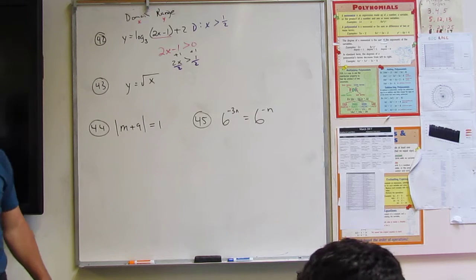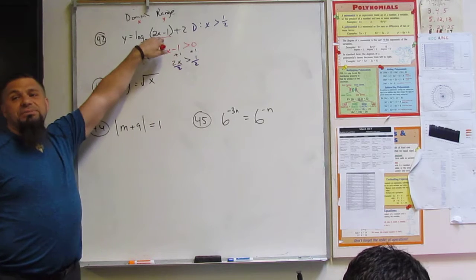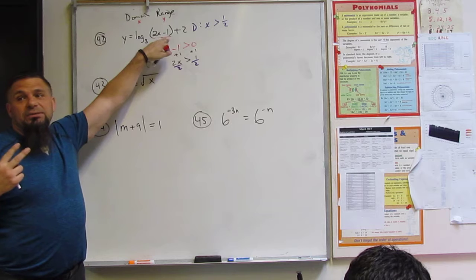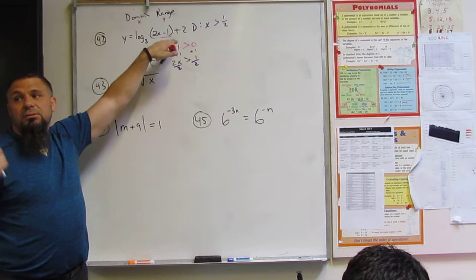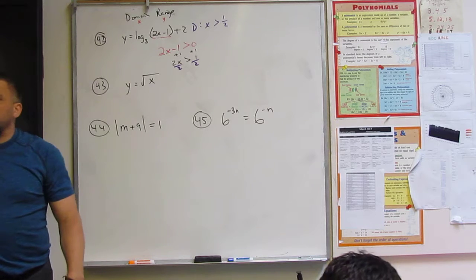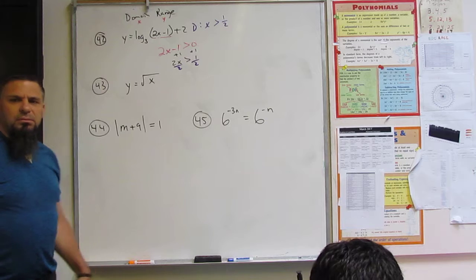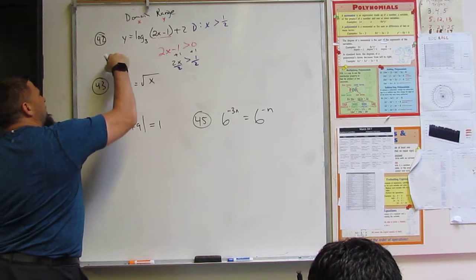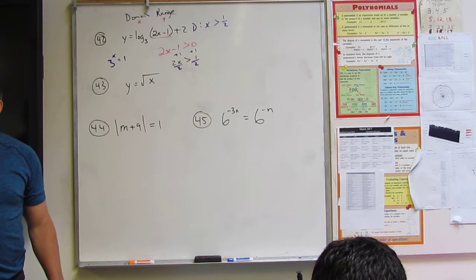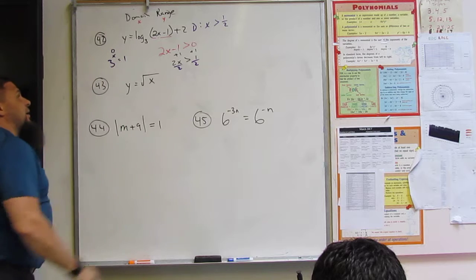So let's just say it's 1 for right now. Put something easy in. Okay, so 1 times 2. 2. Okay, and then 2 minus 1. 1. Okay, and then 3 to some power equals 1. 3 to what power equals 1? What does that have to be? You remember? 0. Good. Okay?